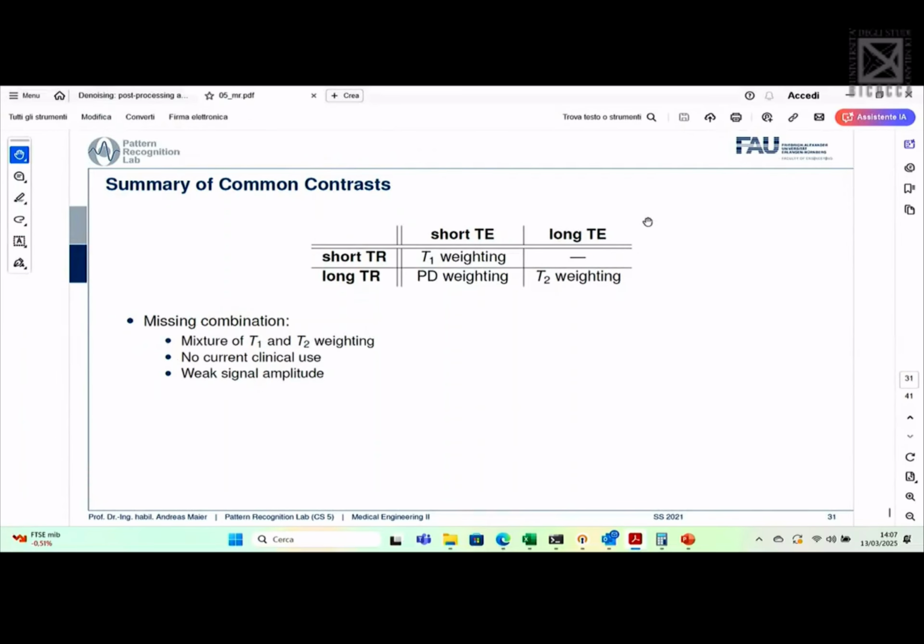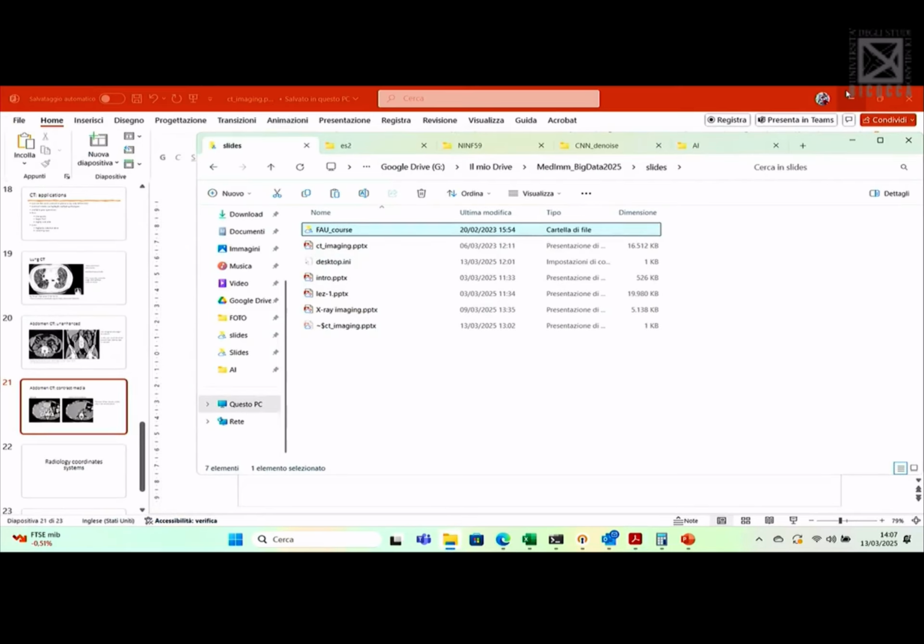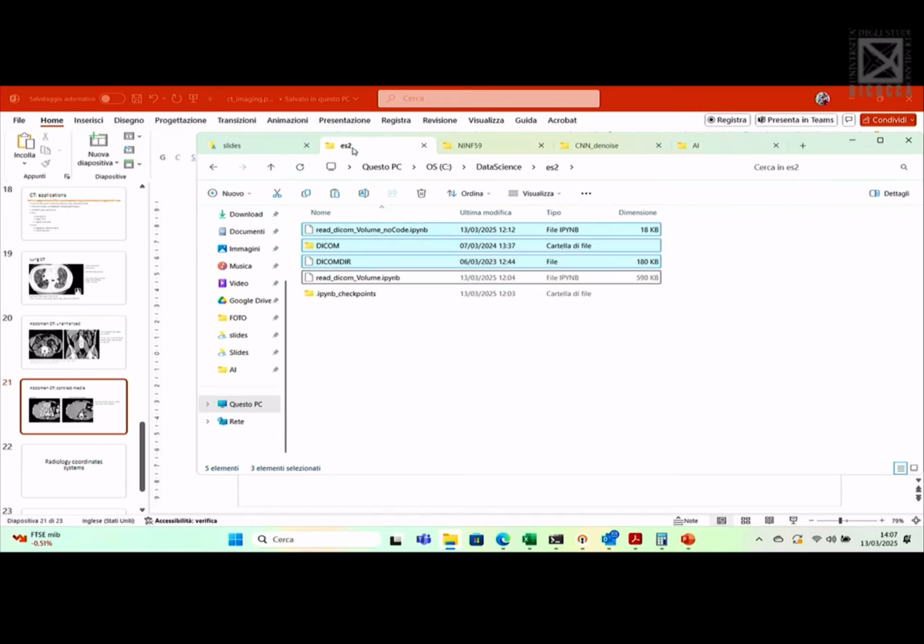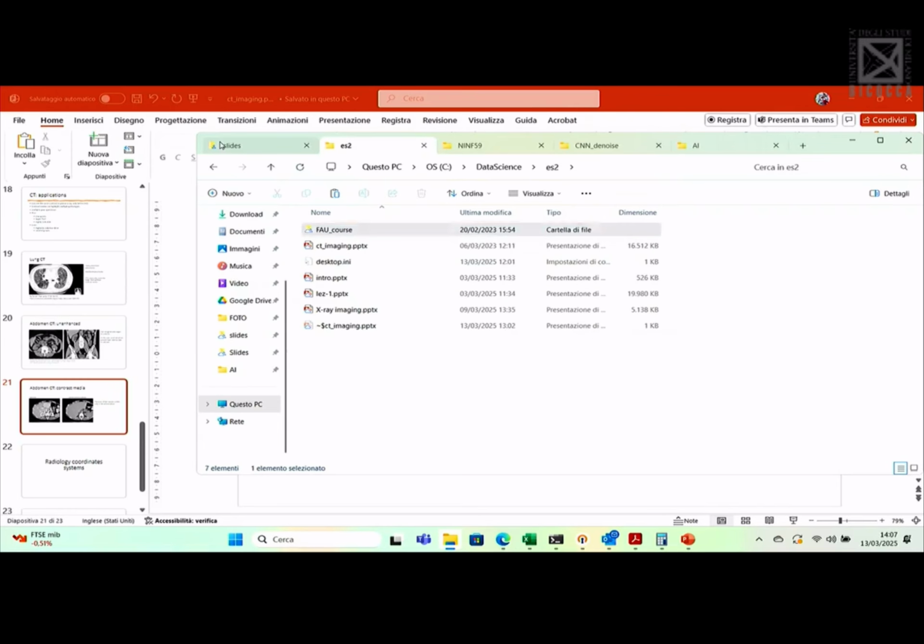Now, if you are interested, what I will do now, we still have 20 minutes or so. I just made a Python notebook. This is my computer, not the drive.